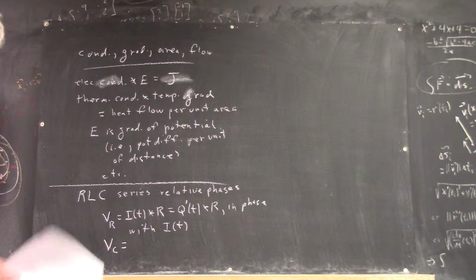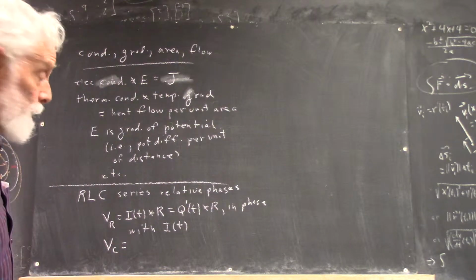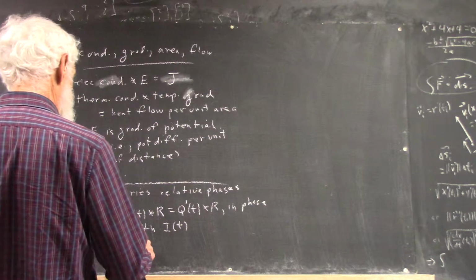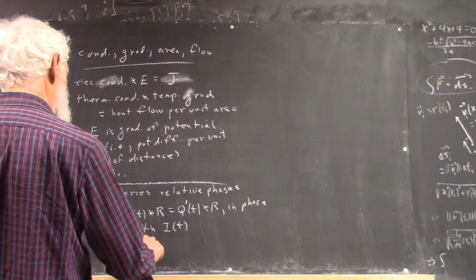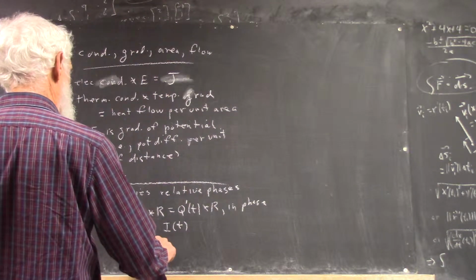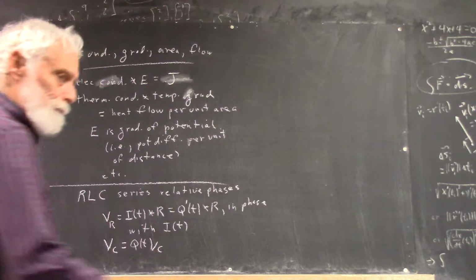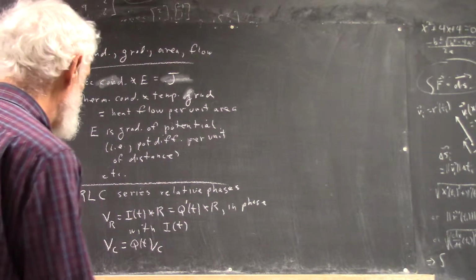Okay? So VC, voltage across capacitor, is Q of T over C. We did this last time, so I'm doing it kind of quickly.